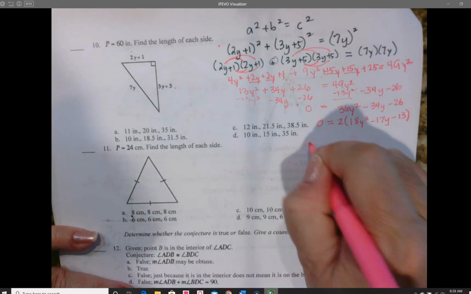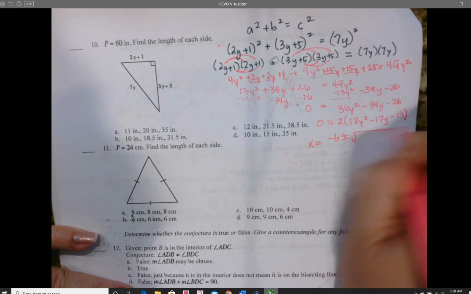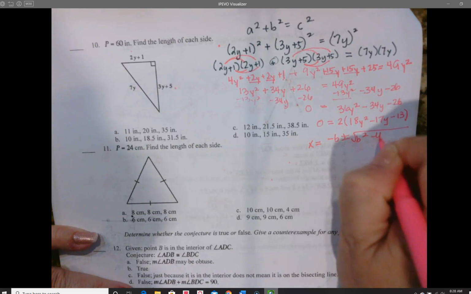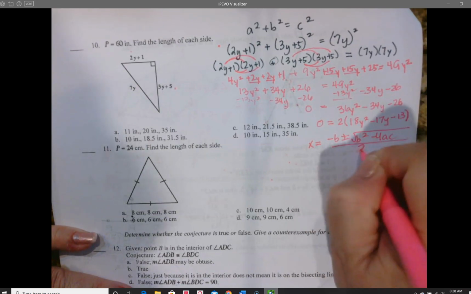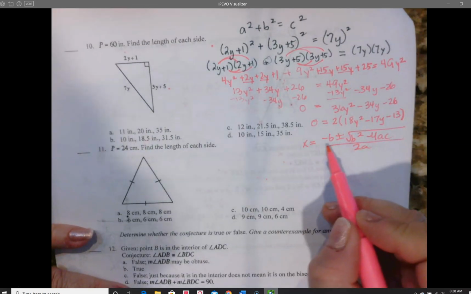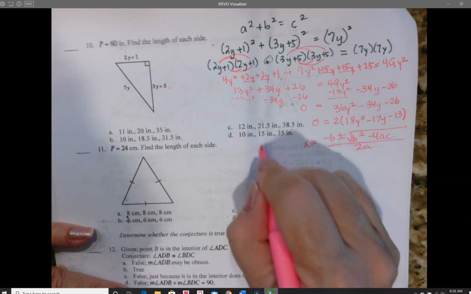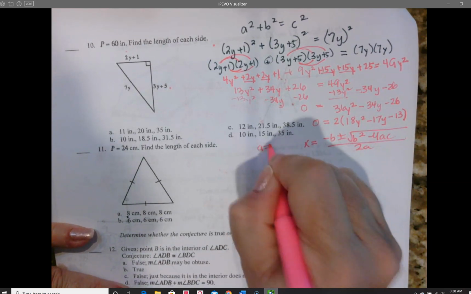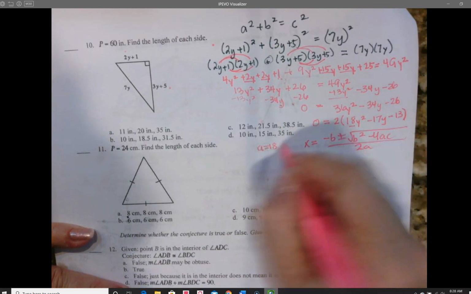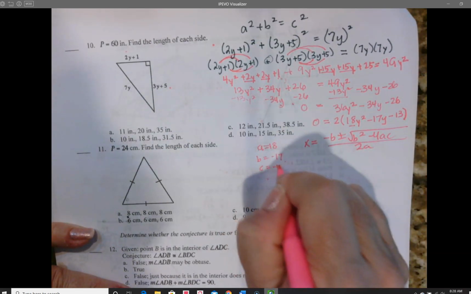So the quadratic formula, x is equal to negative b plus or minus the square root of b squared minus 4ac all over 2a. Not sure if you learned that little song when you were in algebra class, but there it is. So I've got my a is 18. My b is negative 17, and my c is negative 13.